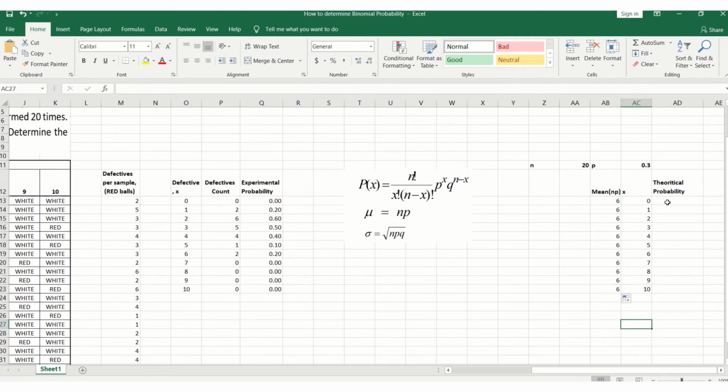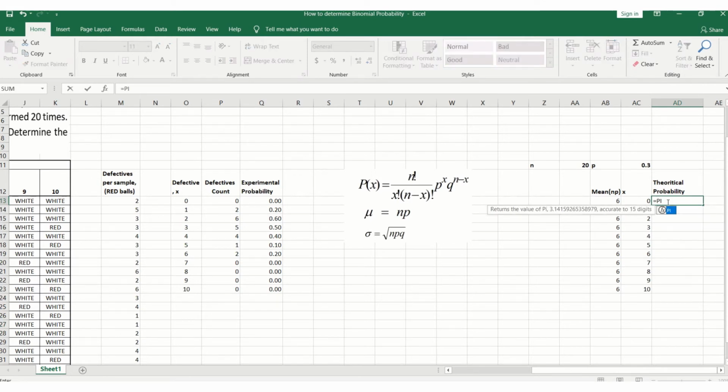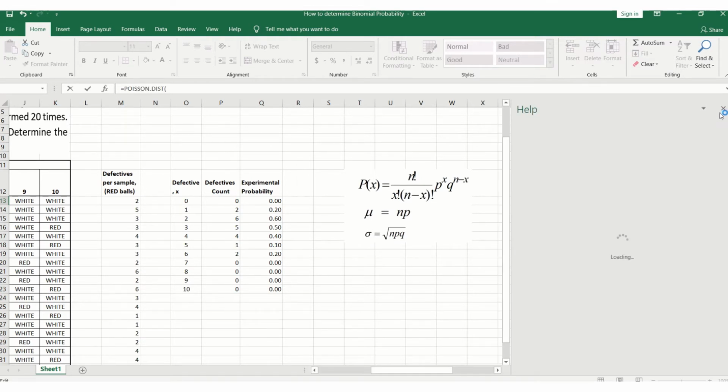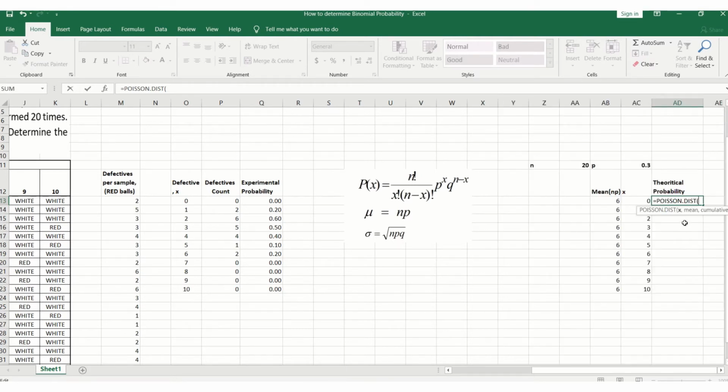Now for finding the theoretical probability, I am making use of the function Poisson distribution. What is the x? X is here. What is the mean value? Mean is selected here.